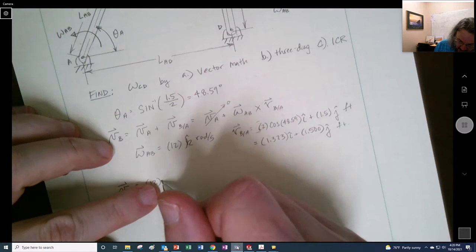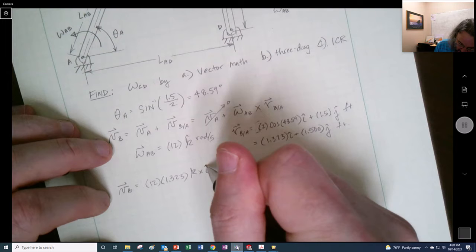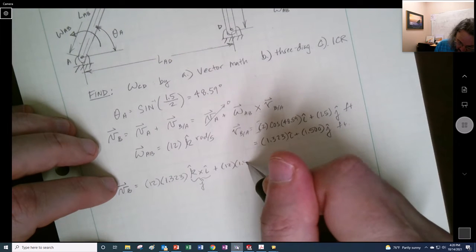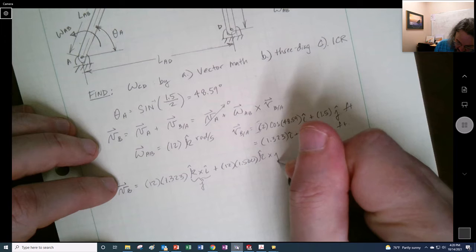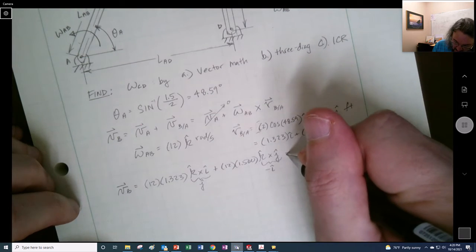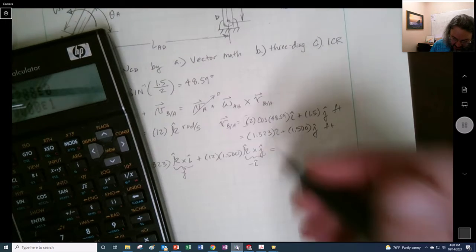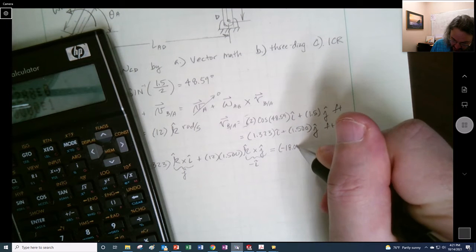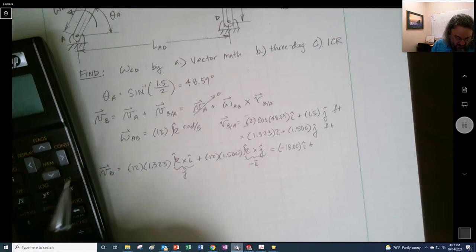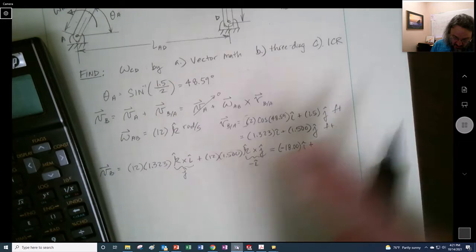We don't have to rewrite the whole thing out. 12 times 1.323 K crossed with I, which we know is J, plus 12 times 1.500 K crossed with J, which we know is negative I. So I can flip those and say 12 times 1.5 is 18, but it's going to be a negative 18.00 I, plus our 12 times that right there, and that's positive.